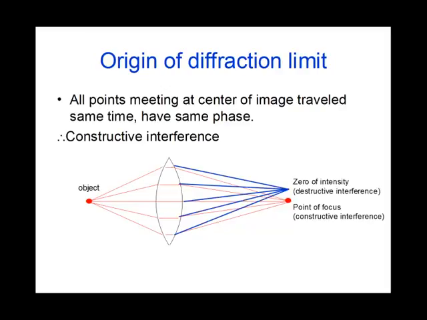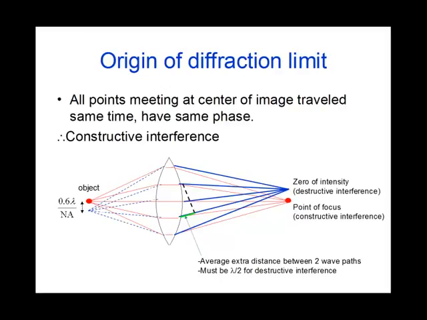If I want a zero of intensity, a point with no light, then I'm going to have to go to a point where the different paths are interfering destructively, which means that the average difference in distance between two light paths is going to have to be about half the wavelength of light. Without that, we're not going to be able to get destructive interference.